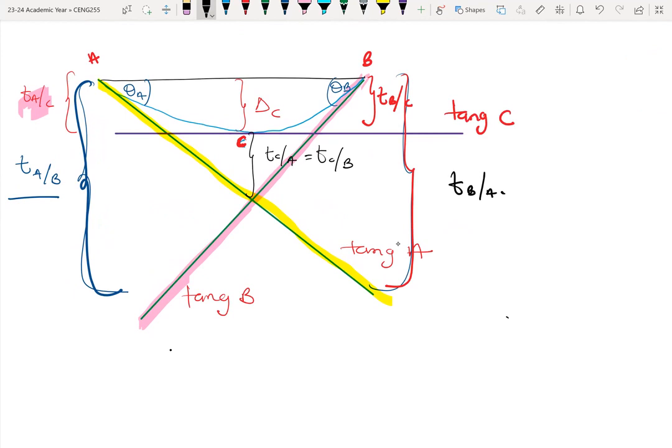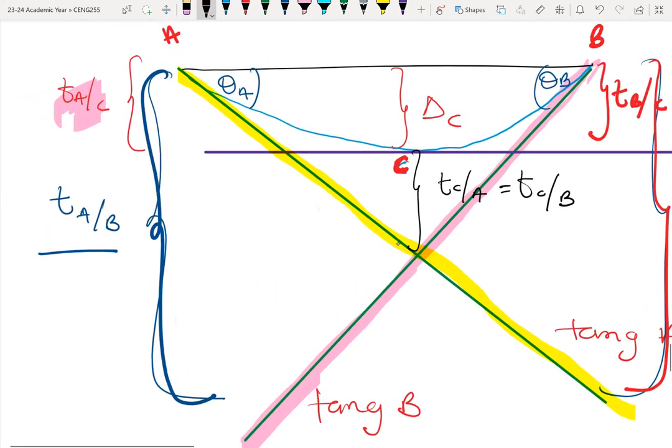Now, at point C on the elastic curve, its tangent is a horizontal line because that's the point where deflection is maximum or slope is 0. So it means that theta dx is 0 at that point. So these are some other parameters which are of use to us.